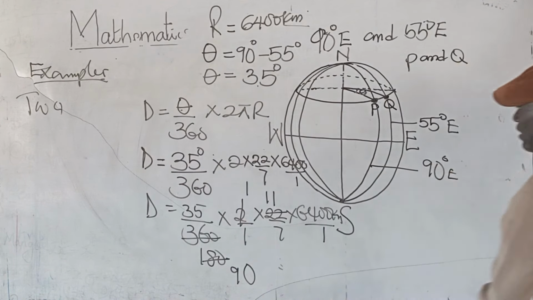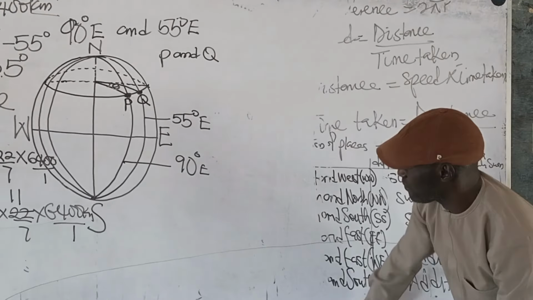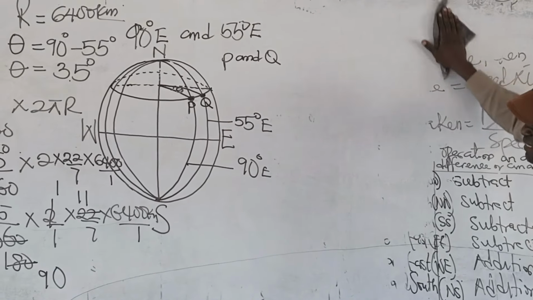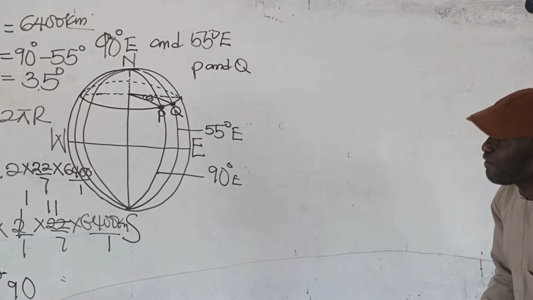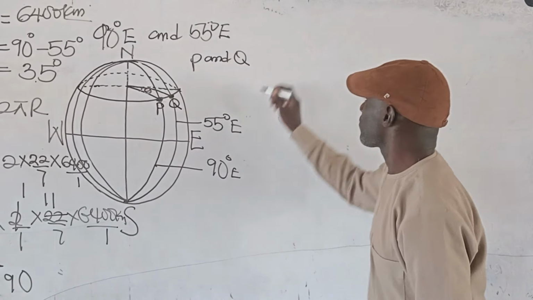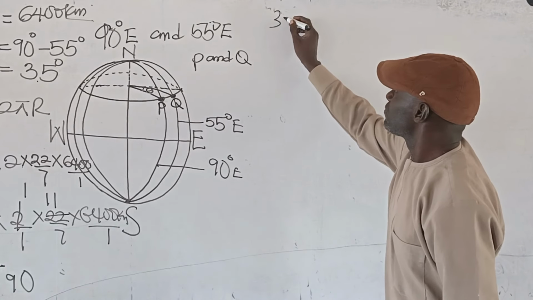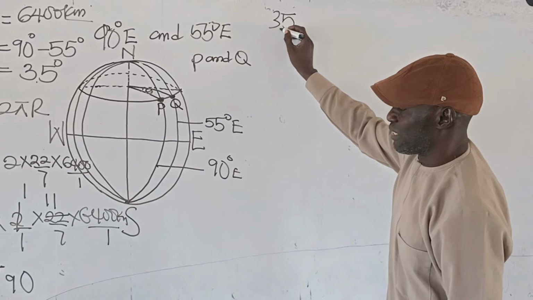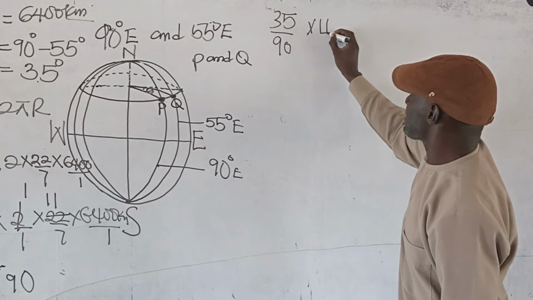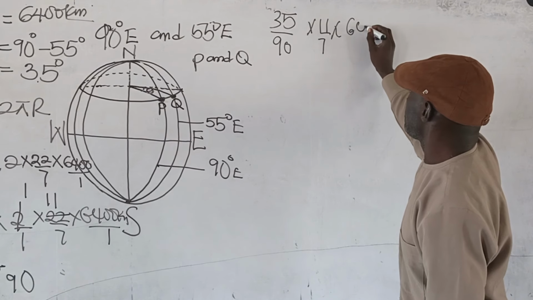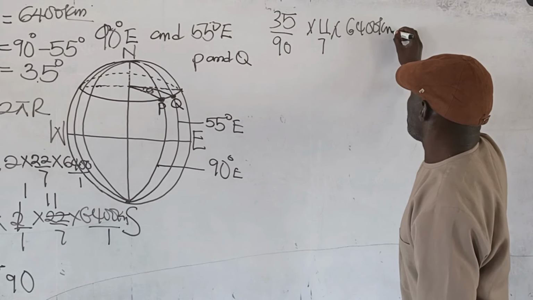Let us look at the calculation of what goes in 35. 5 goes in 35, and the 5 also goes in 90. How many 5 goes in 35? Which is 7. Let me write it out: 35/90 times 11/7 times 6,400 km, which is our kilometer.